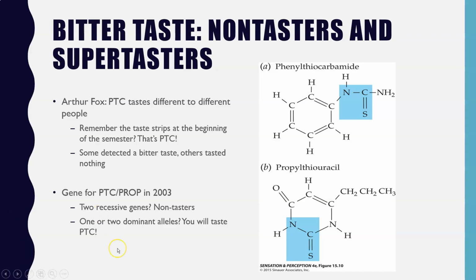If you have two dominant alleles, you're probably going to be more of a super taster. But I want to be very clear. Just because you have these alleles does not mean that you are specifically a super taster. We actually have very specific requirements for what you need to be able to be a super taster. But what this does tell us is that there is some variability that we have in taste.